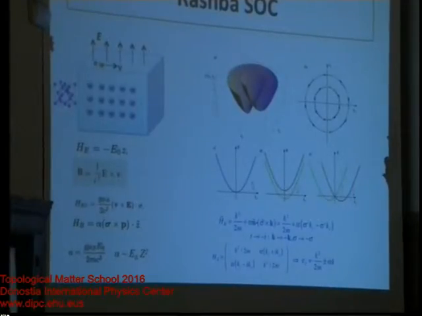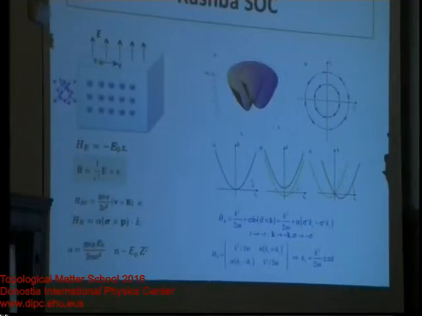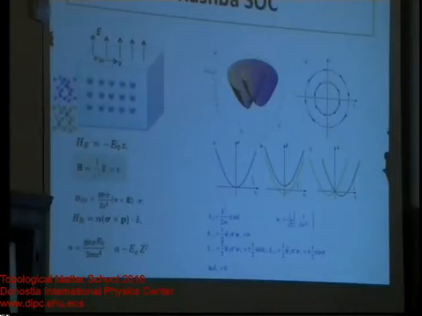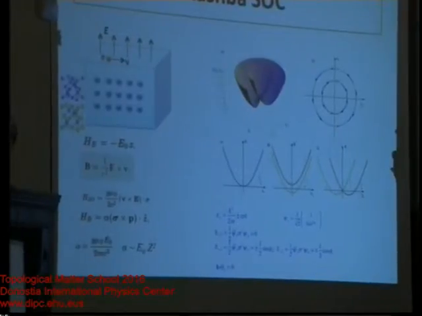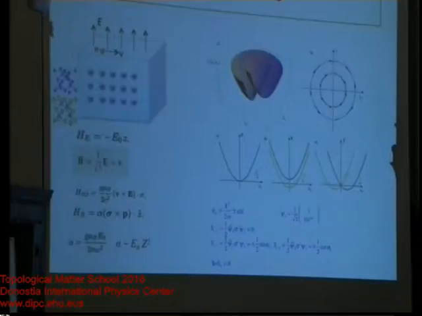We just have the Hamiltonian in this way, and you get this 2x2 matrix, you diagonalize it, you get the wave function. This is the wave function. Then the spin direction, you can calculate from the expectation value of this Pauli matrix, and you get either x or y direction. And then the result is the same, this chirality, they are always locked together.